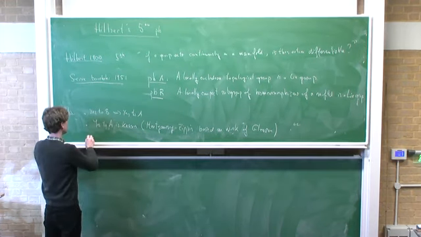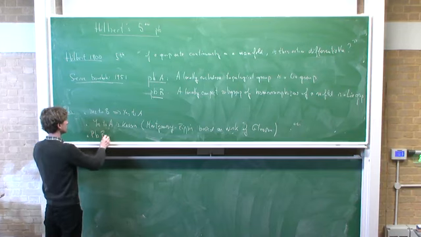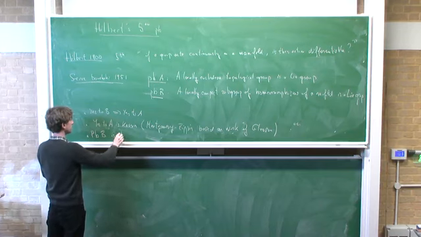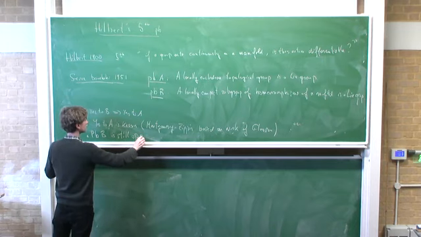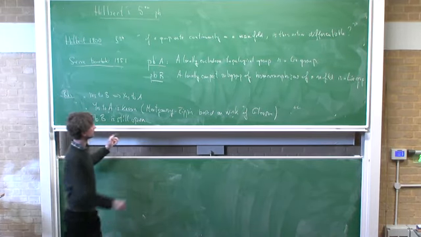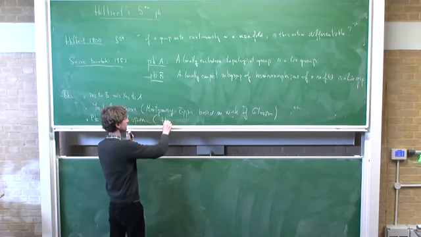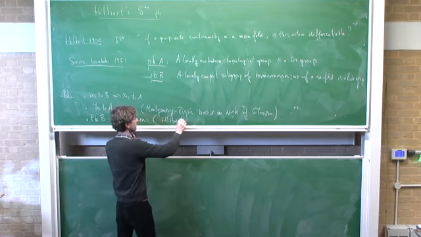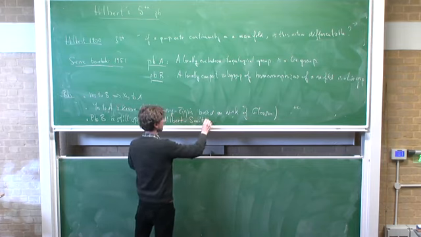And problem B is still open today. So nowadays people call this the Hilbert-Smith conjecture.